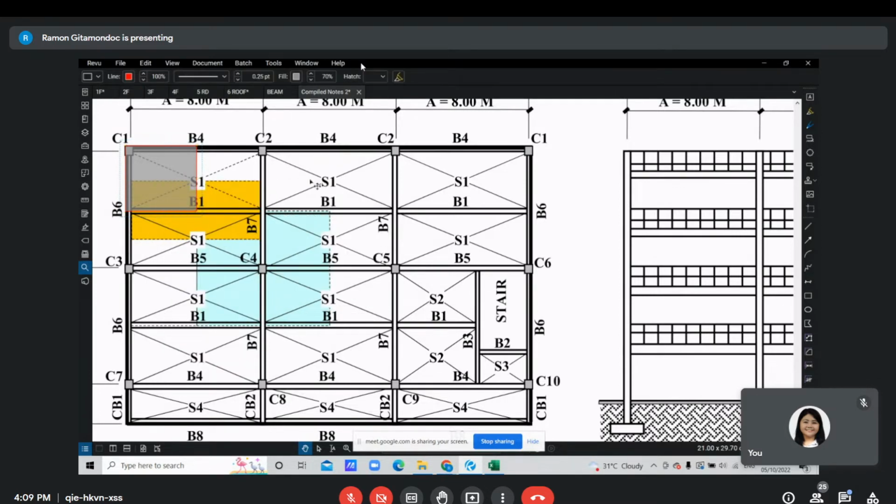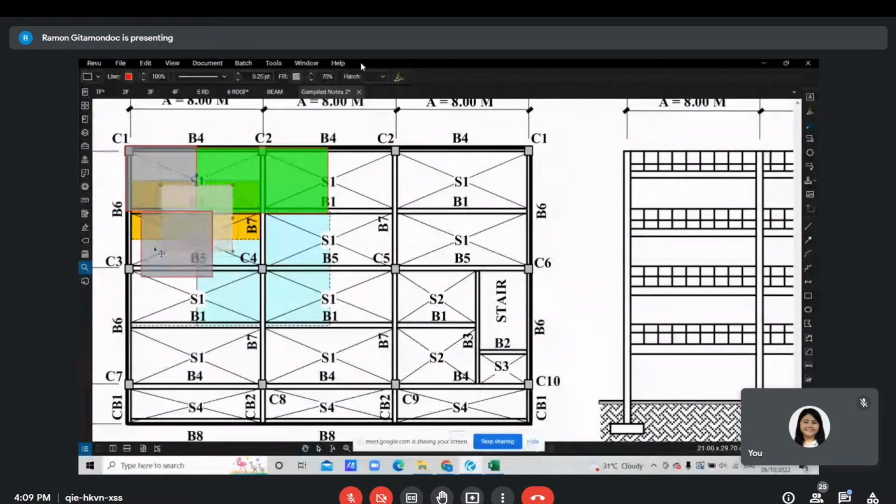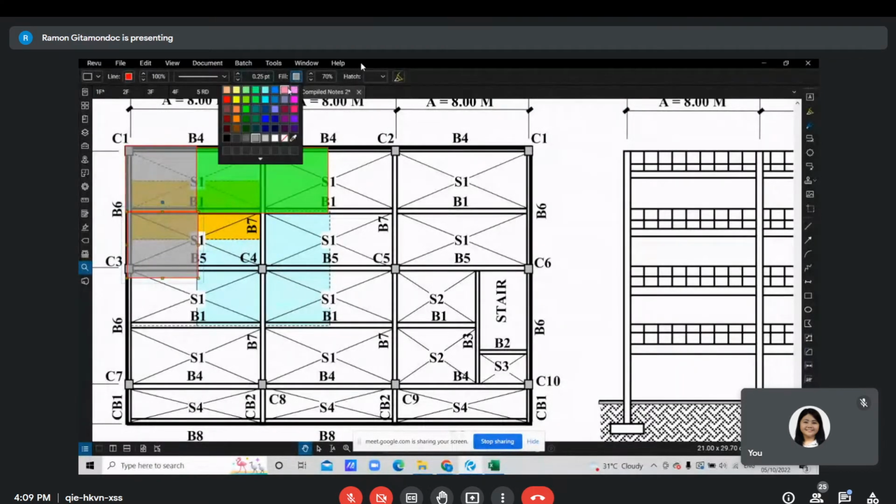Kung maaari sa column C2, let's use now a different shade for this, green. So sa C2, mo ning iyang tributary area sad, no? And if we go to C3, gamit yung color. So sa C3 mo sining iyang tributary, no?